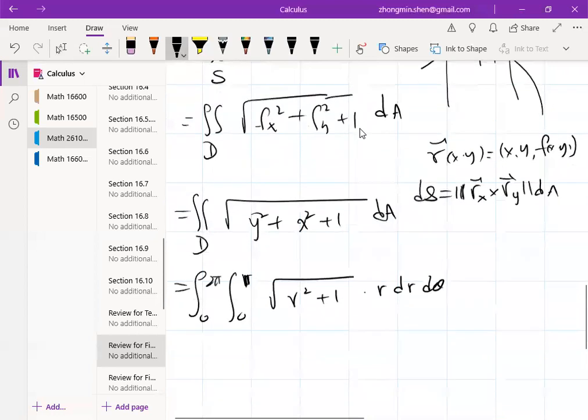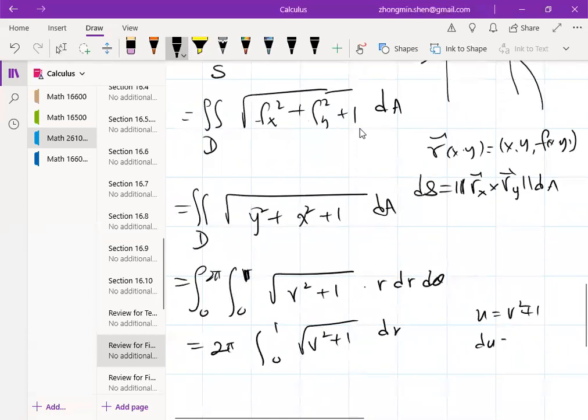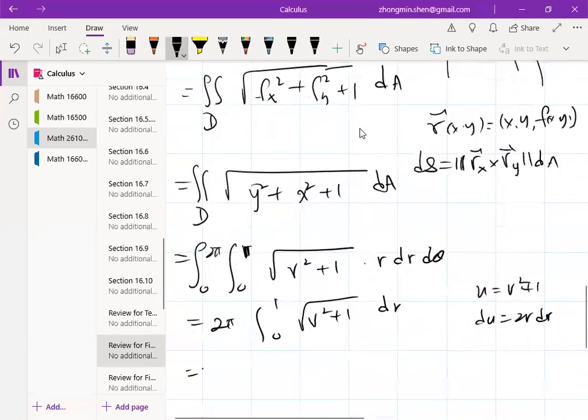This is a very simple integral, and let's use a substitution. First of all, let's take 2 pi out. Just focus on this. Then let u be r squared plus 1 and du equals 2r dr. Then u is from 1 to 2, and u to the 1/2, and this is r here.